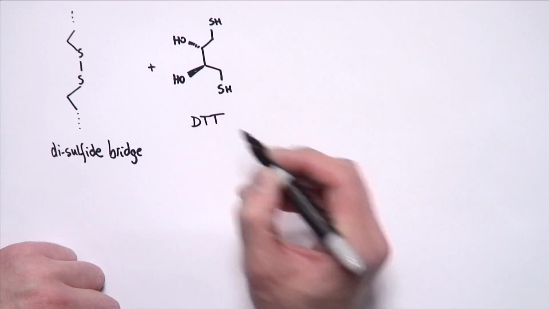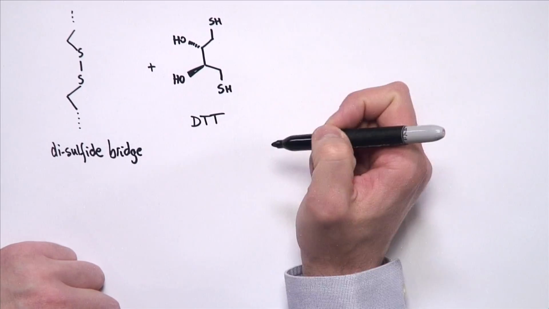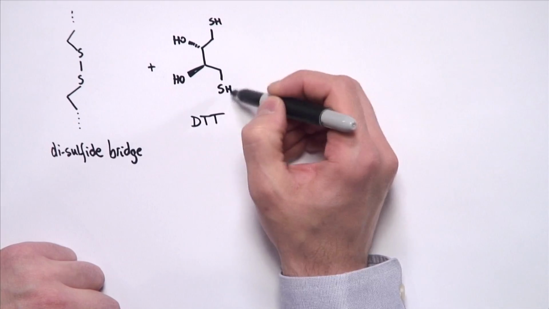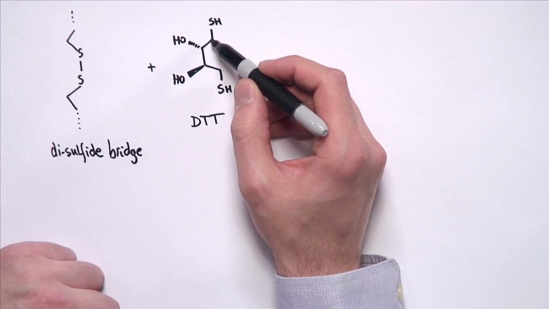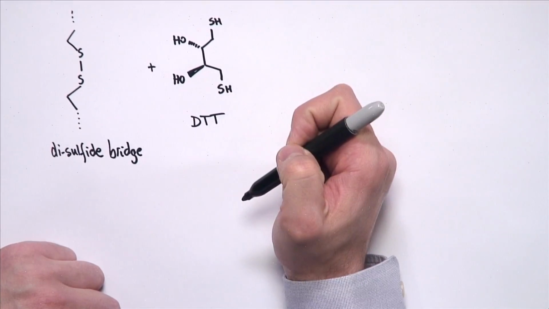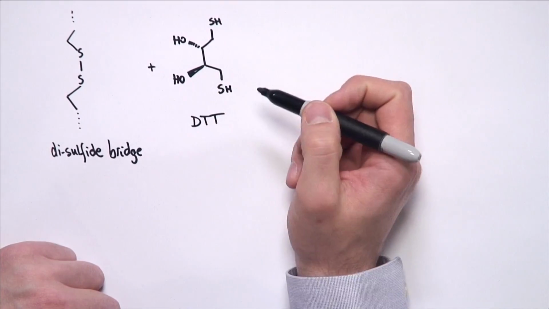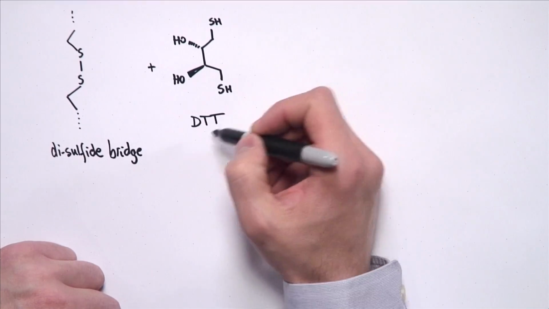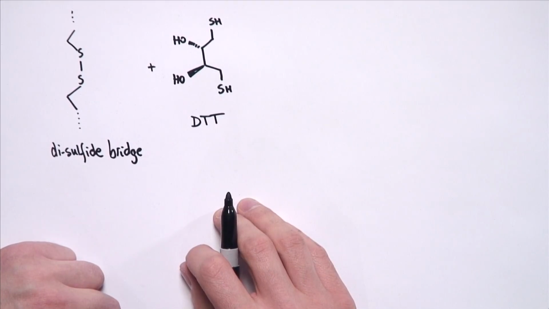This is DTT, or dithiothreitol. Now, if we substitute the SH groups with OHs, you notice we're going to have 4 OHs and 4 carbons. That's just an alcohol derived from a sugar, which is called threose. That's why the threitol part of the name.